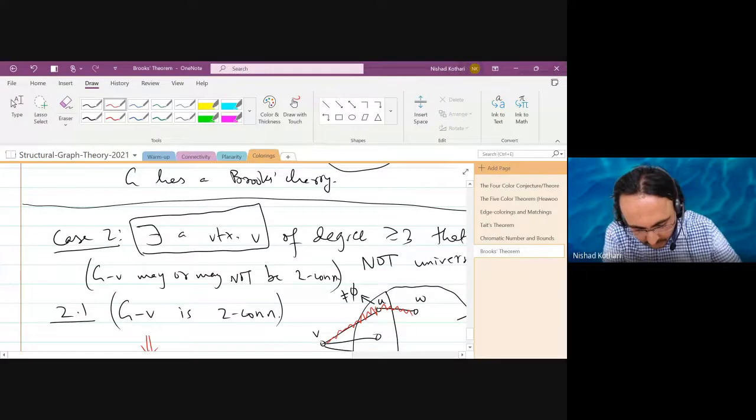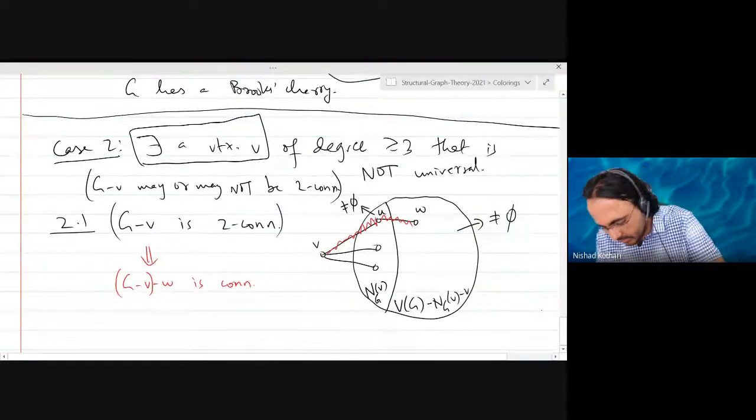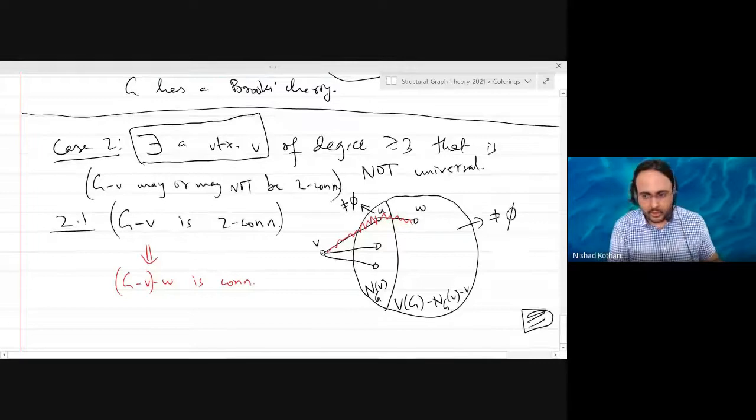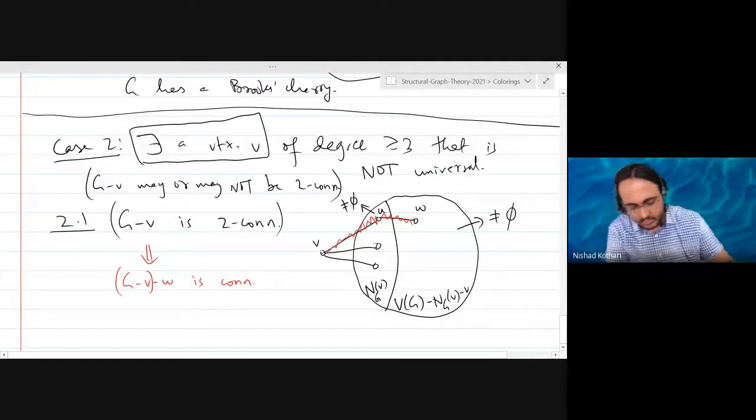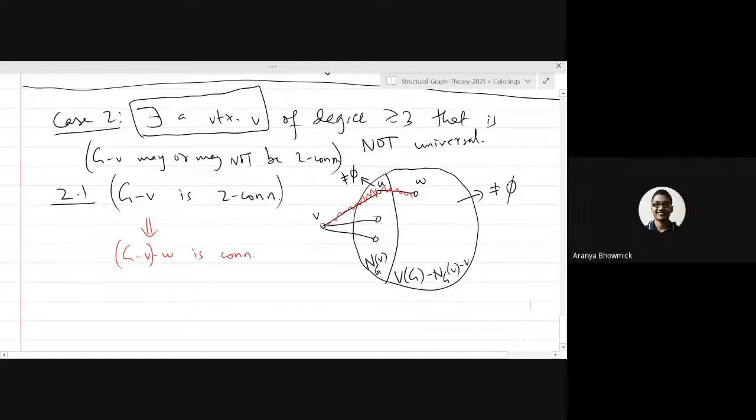Are there any questions or concerns regarding this case? This is case 2.1. Can we again repeat the choice of W? How you chose the vertex W?